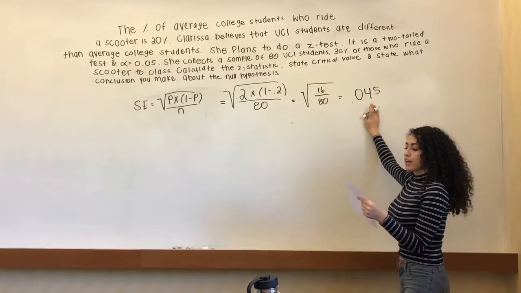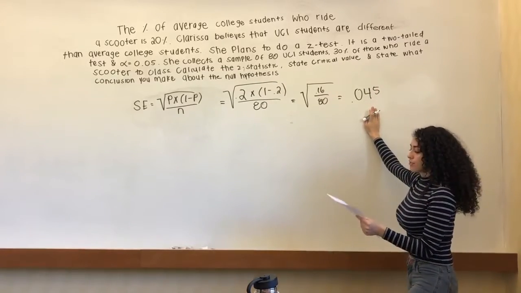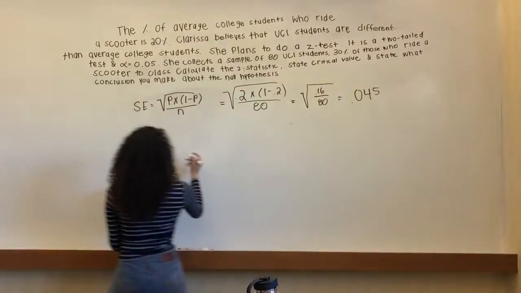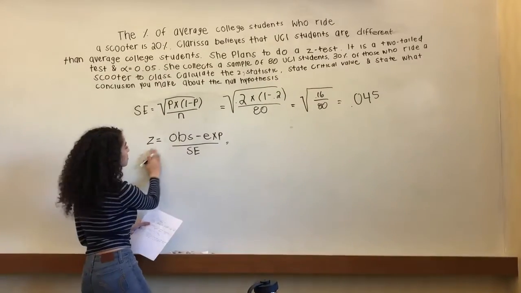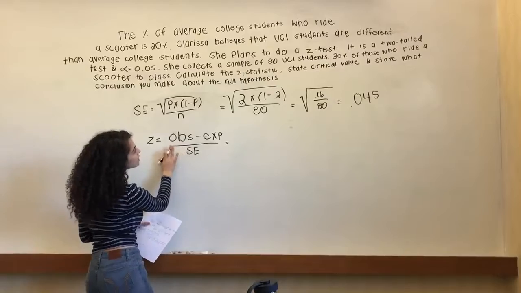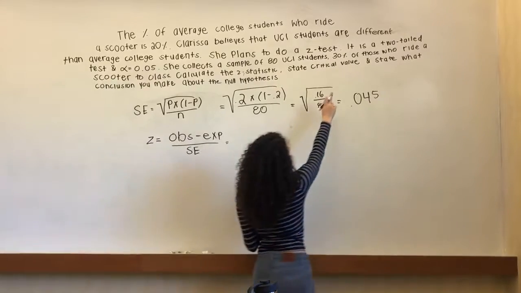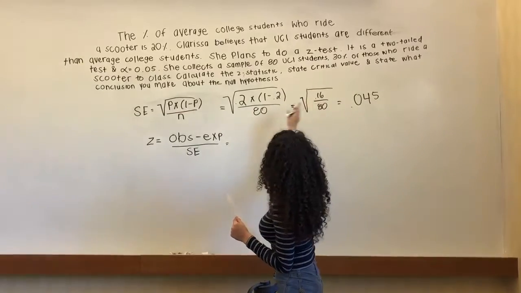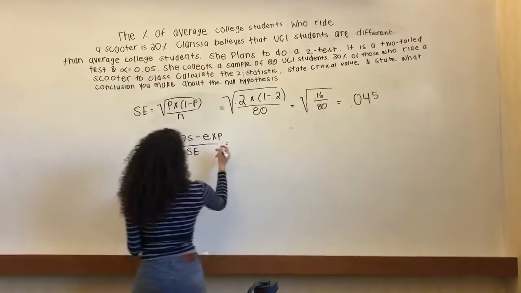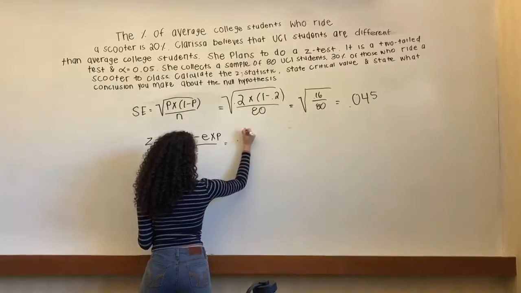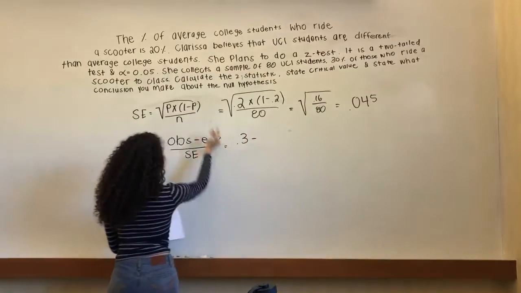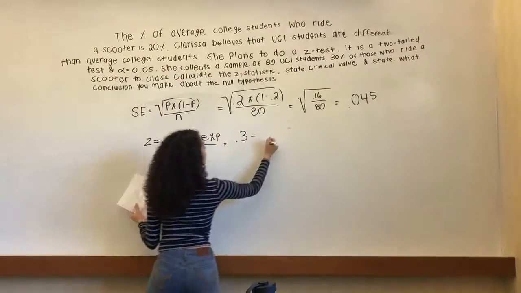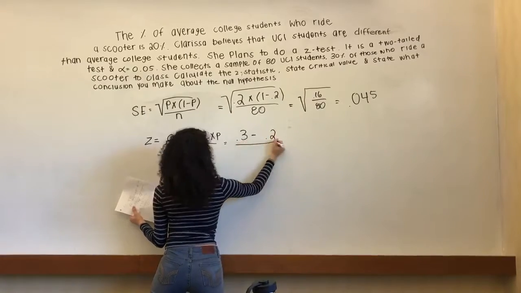So once you have the standard error, you could go into the second step, which is finding the z-score. So to find the z-score, z is going to be observed minus expected. Observed is going to be 30% because we're observing that specific 30% out of the 80 students. So we're going to transfer 30% into 0.3 minus expected, which is 20%, which is going to be 0.2, over standard error.